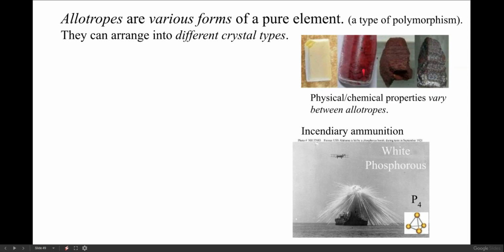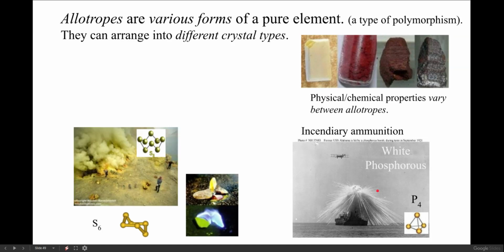Where red phosphorus is used on matchboxes, white phosphorus used to be used in incendiary ammunition. So essentially grenades that would rain down fire. So instead of an explosion, white phosphorus ignites at like 30 degrees Celsius, which is pretty unfriendly.